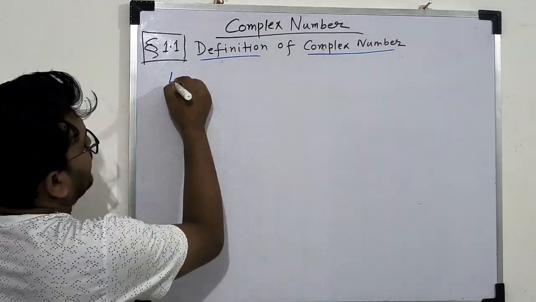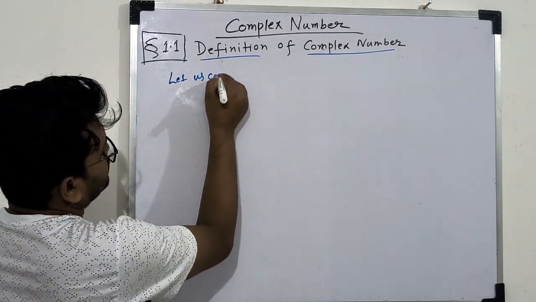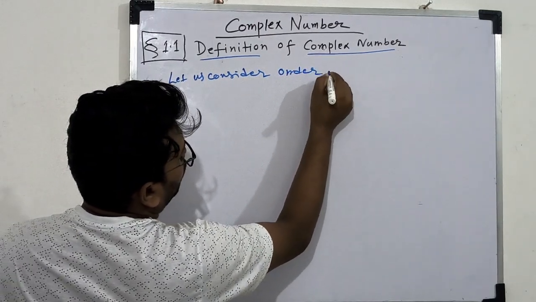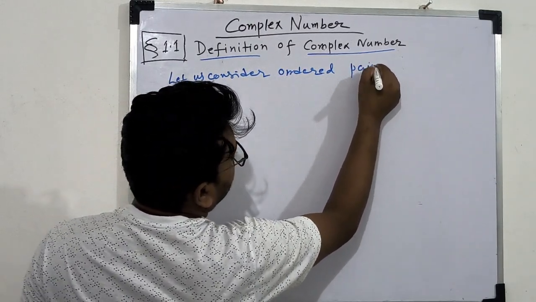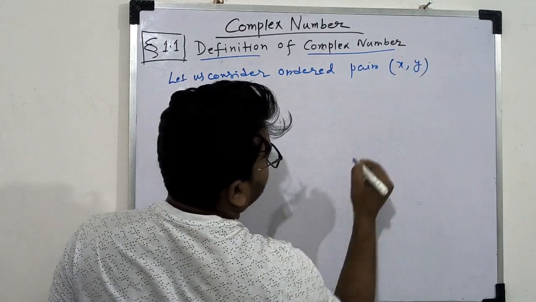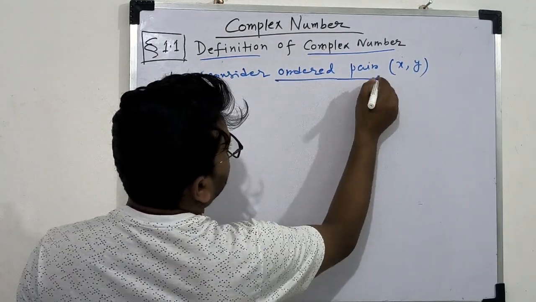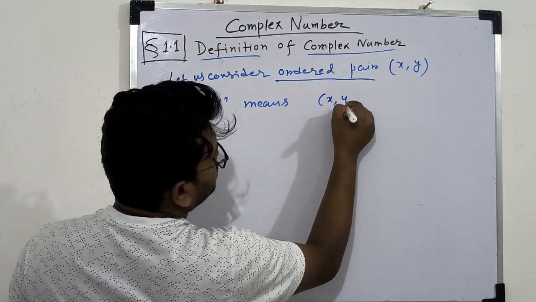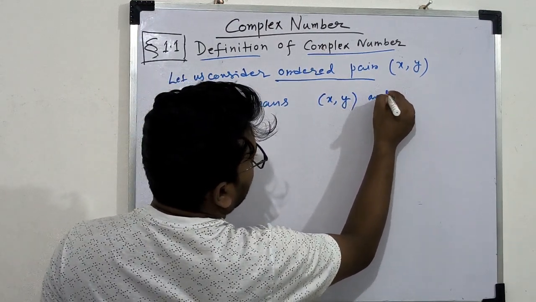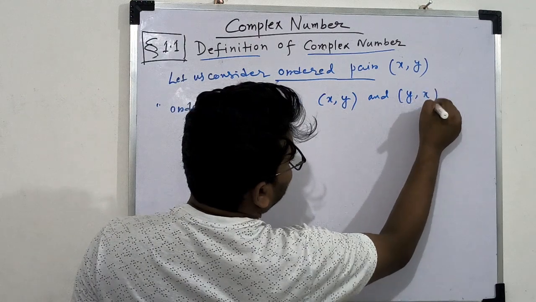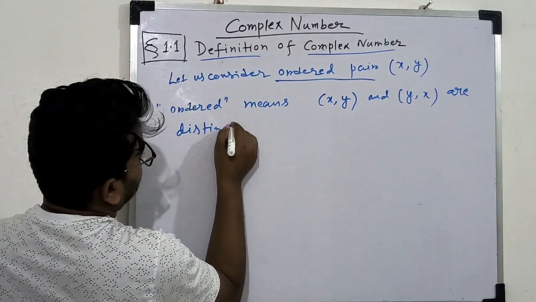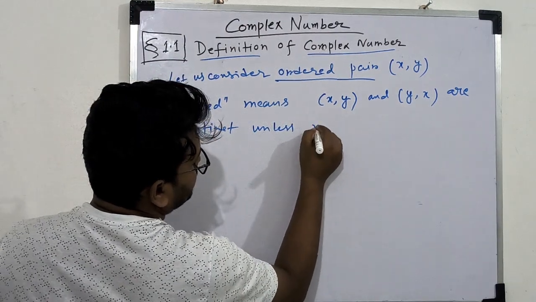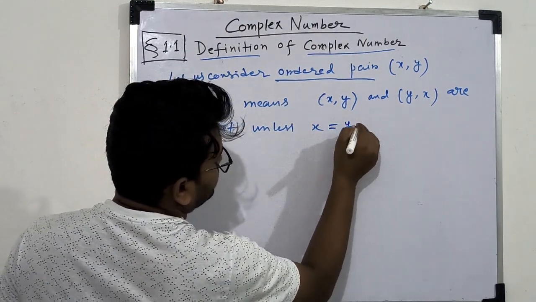So first of all, let us consider an ordered pair (x, y). Here ordered means that (x, y) and (y, x) are distinct unless x equals y.